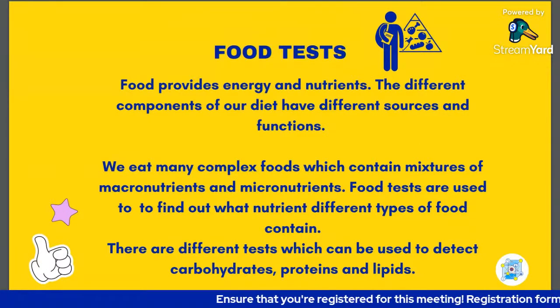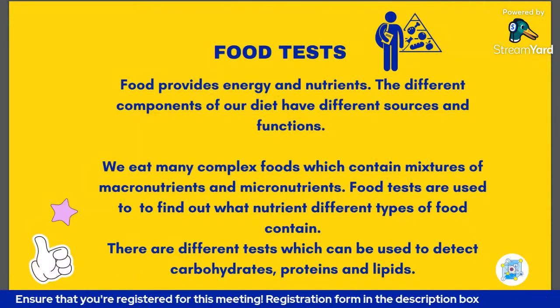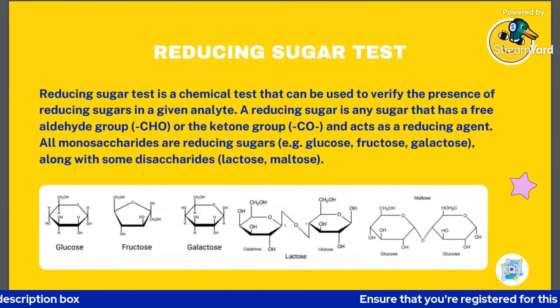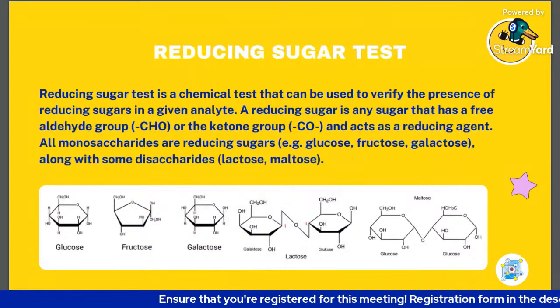So our food tests are what we use to find out what different types of nutrients different foods contain. There are different tests that can be conducted to see which nutrient is in our food.